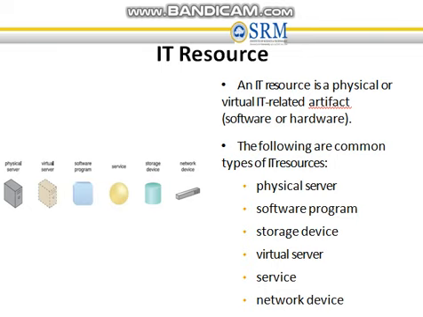Number 1 is the physical server, number 2 software program, number 3 storage device, number 4 virtual server, number 5 service, and number 6 network device. In the concept of cloud computing, whenever we define IT resources or IT devices, they normally mean all these devices.